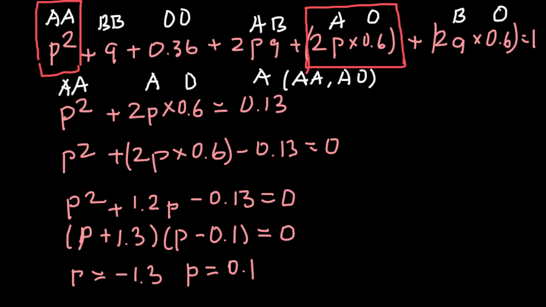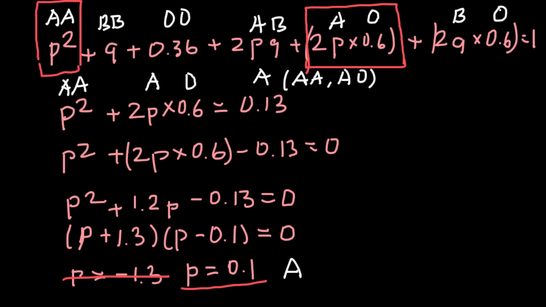Of course, the frequency of the allele has to be a positive number. So we have to cross out this variant, and this is going to be our answer. This is going to be the frequency of the allele A in this population.